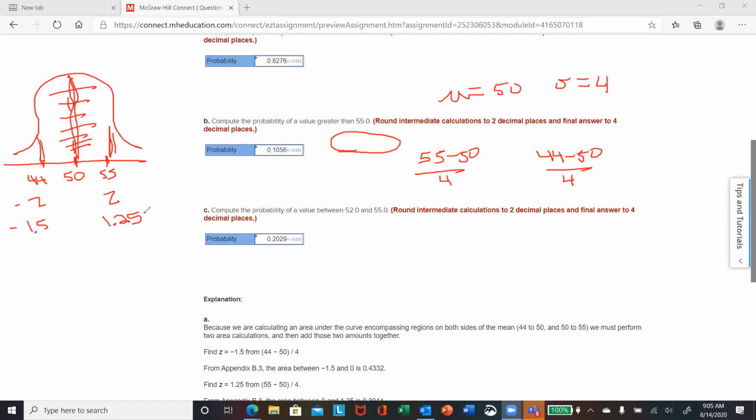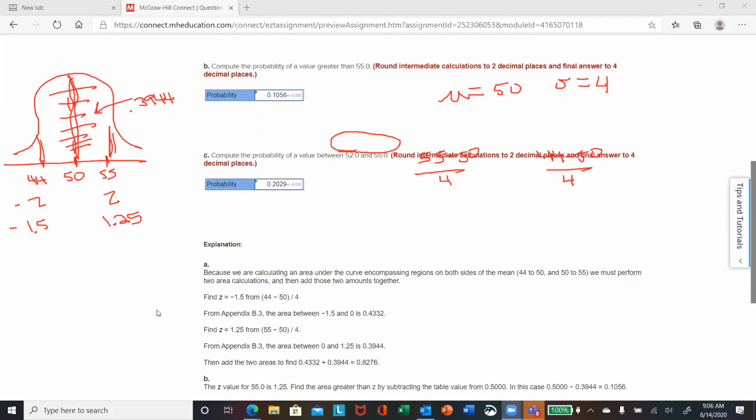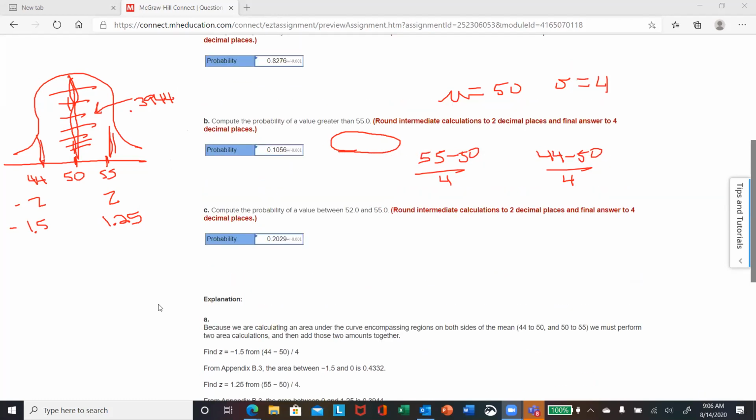So if I look up 1.25 in your z value table, that's going to give you, it looks like, 0.3944. So we know that that area is 0.3944. Let me change the stylus a little bit. Okay. So now I want to find my area for 1.5, and let me show you the table again. Let me go back. Here's screen 2.